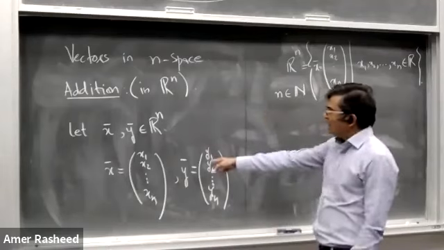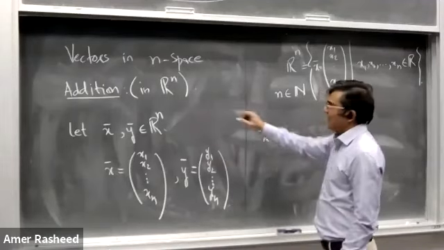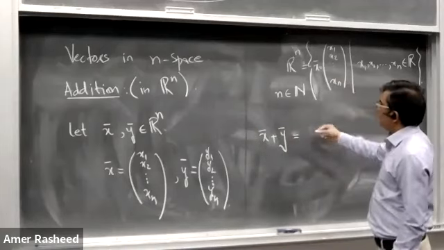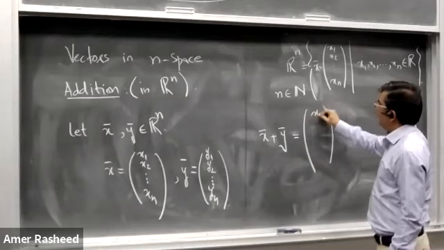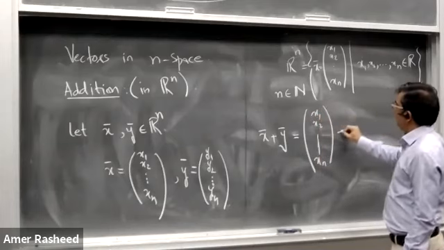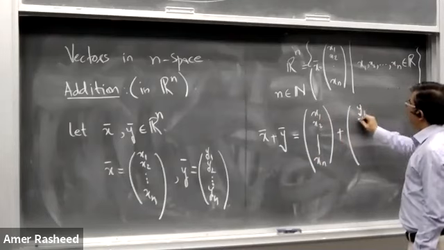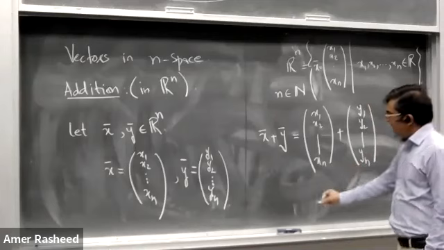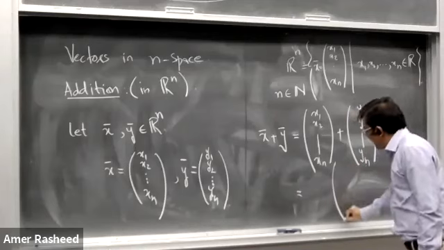Now, how do we add these two vectors of the n space? x plus y. You write x1, x2, and so on, xn, plus y1, y2, and so on, yn. How do we add them? We add their respective elements.